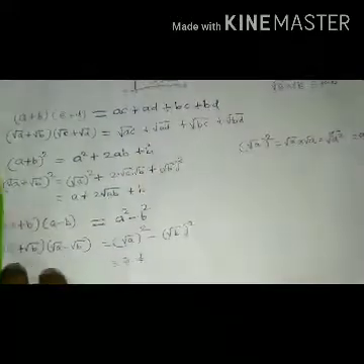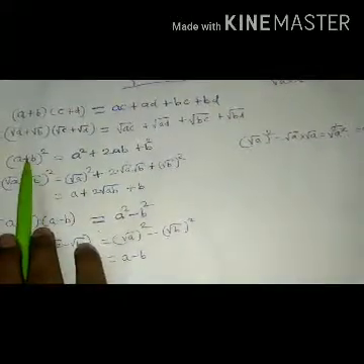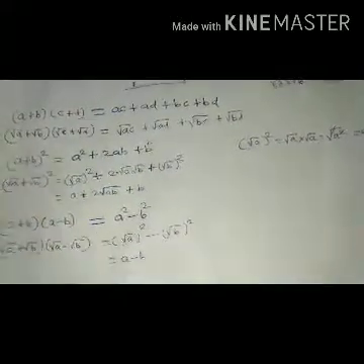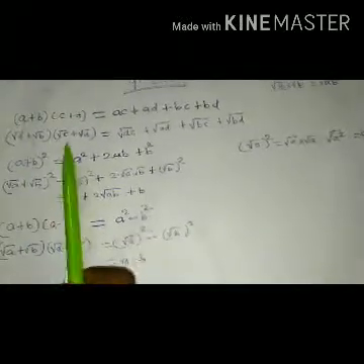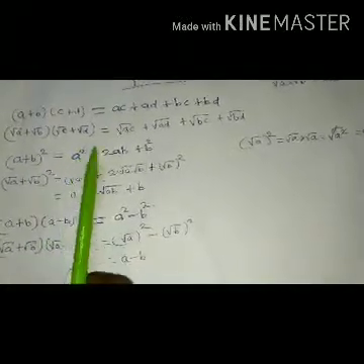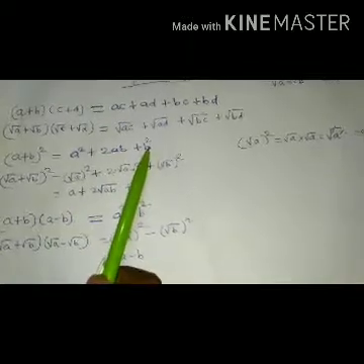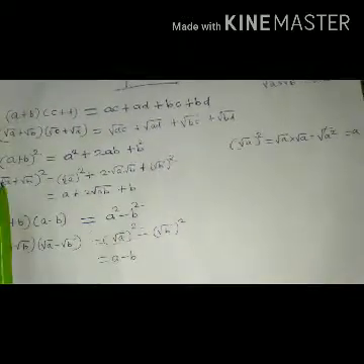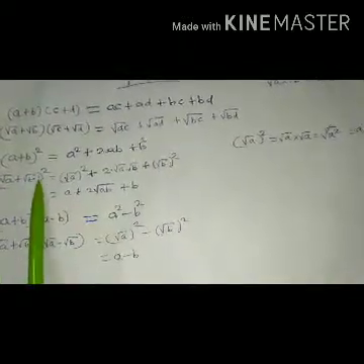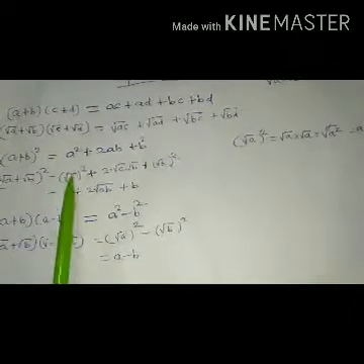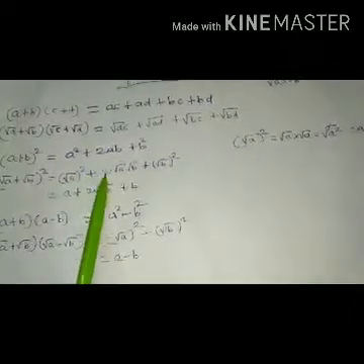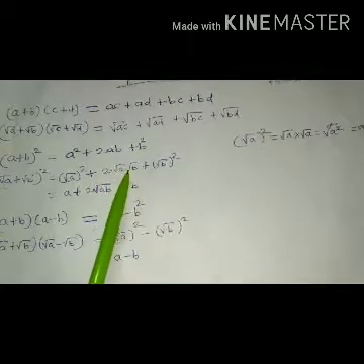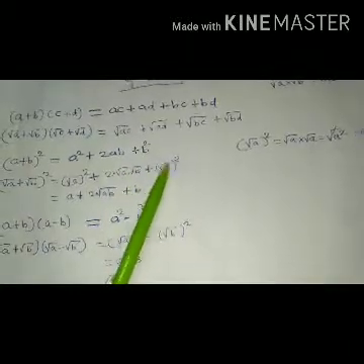In the same way, (a + b) whole square is the standard identity, and we have for (a + b)², a² + 2ab + b². Then applied for irrational numbers, (√a + √b) whole square is equal to (√a)² + 2√a into √b + (√b)².